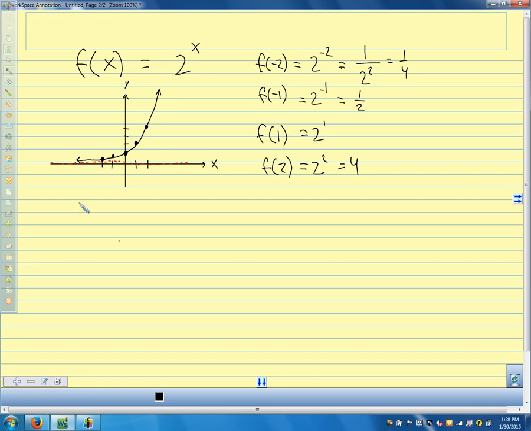All right, let's do one more graph, and then we'll talk about how these graphs shift. So f of x equals, for this one, 2 to the minus x. Now this next little bit is really important to remember.